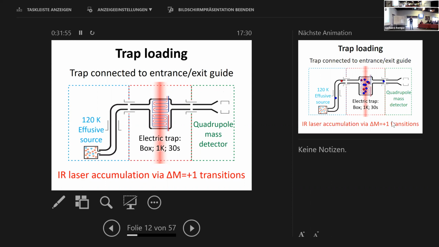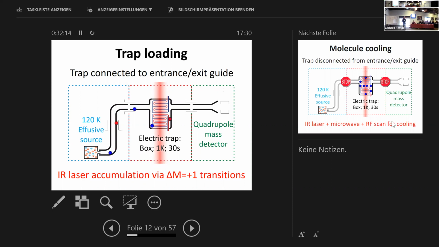We shine in an infrared laser here, the laser that I outlined before, already during the loading process to drive a delta M plus 1 transition, so to say, bringing molecules from a not so well trapped state into a better trapped state because the Stark limit is larger. The molecules are flying into this trap, moving around like crazy, and they don't find the exit hole.